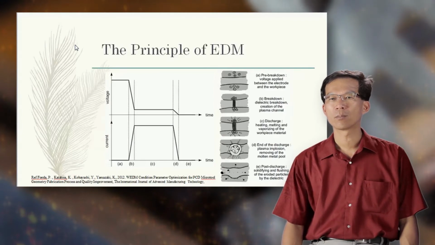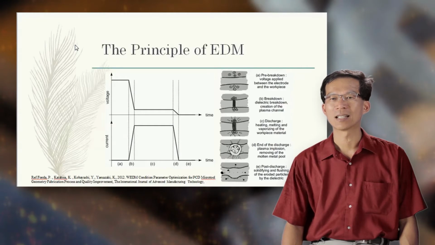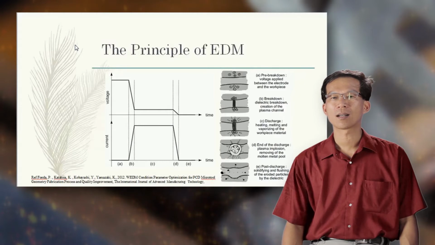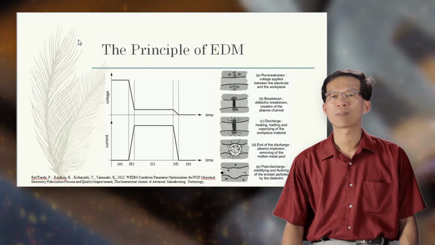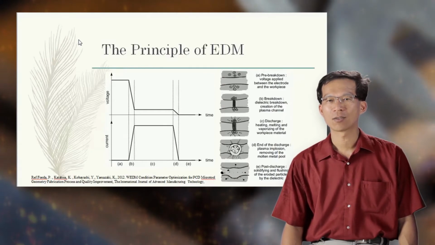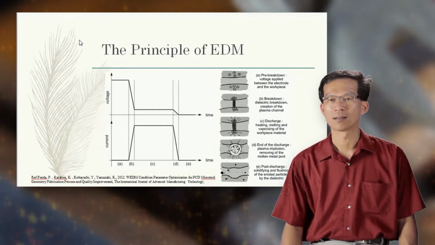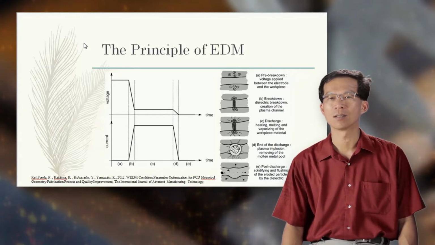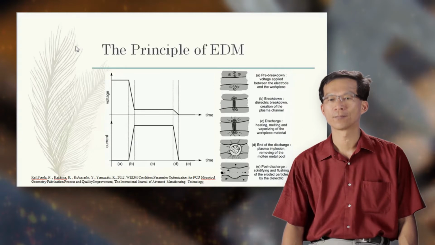The location of breakdown is generally between the closest point of the electrode and of the workpiece. When the breakdown occurs, the voltage falls and the current rises abruptly. The dielectric has been ionized and the plasma channel has been created between the electrodes.